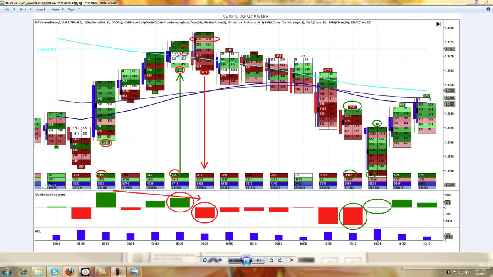There's almost 800, but then on the high bar, not only a reversal of the number of buyers, but a huge reversal of 1,500 buyers and sellers, going from 755 positive to 800 negative.